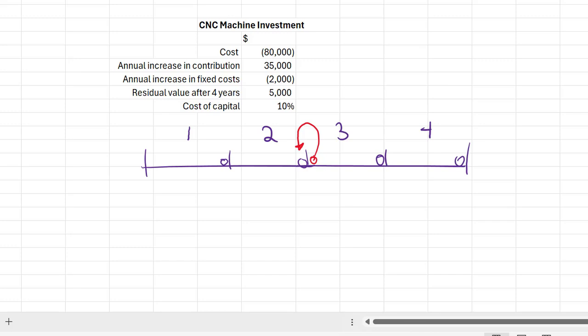But if something's happening at the beginning of year 1, we're going to tack on an imaginary year 0 to represent the beginning of year 1. So I'm going to make an extra column labeled with 0 to show the beginning of year 1.